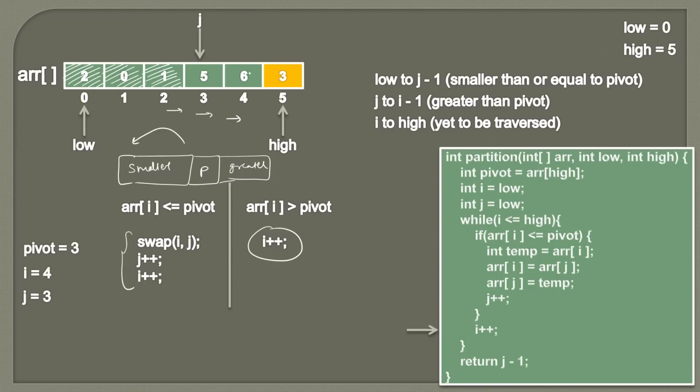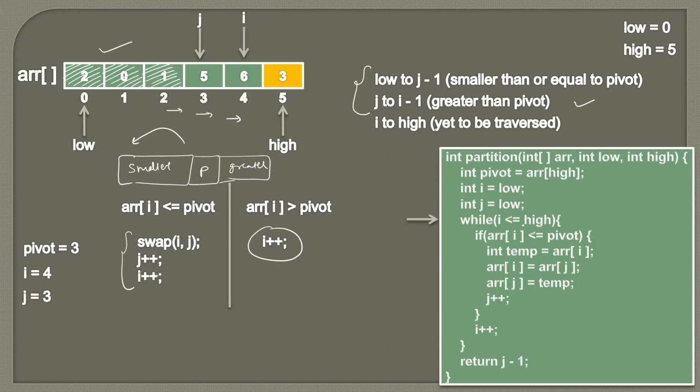i becomes 4. So friends, here you need to keep watch on these two ranges. From low to j minus 1, we have the elements smaller than pivot, which is true. From j to i minus 1, we have elements greater than pivot. So this is j to i minus 1, and 5 is actually greater than pivot. So both the conditions are true when we are doing these steps.